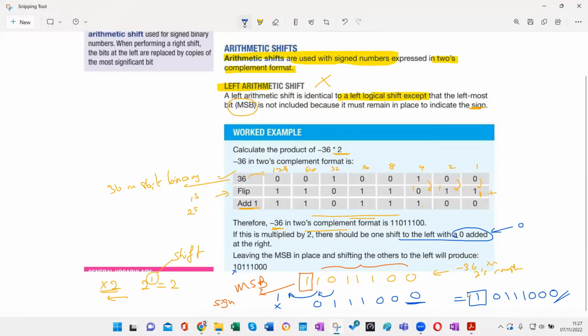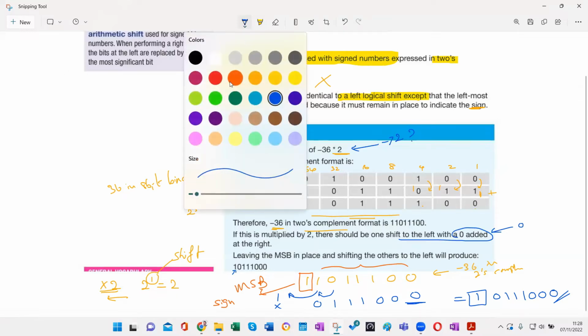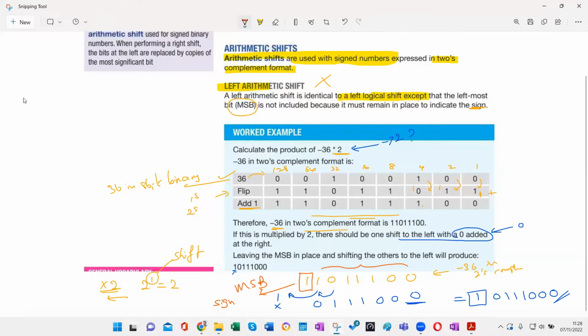Okay, let's see whether this is correct. What are we supposed to be getting? If minus 36 is multiplied by 2, we are supposed to get minus 72. So let's see whether this value is minus 72. In a previous lesson, I told you how to check whether a 2's complement value is correct.